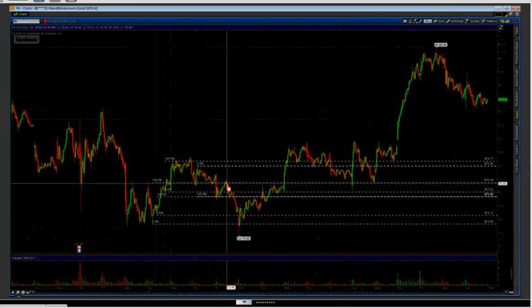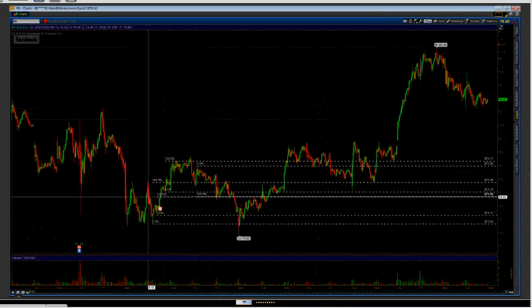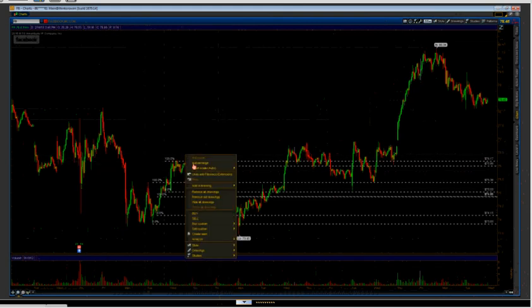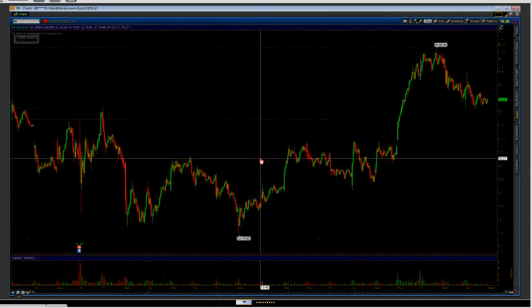Now, you can see like even on one like Facebook, even when it was kind of going sideways a few days, that most of these would take at least a full day, if not a couple days to hit, right? You could keep your trade rules really, really simple. If you're trading a stock that's $70 or higher, and your target is $2 or less away, trade the same week.